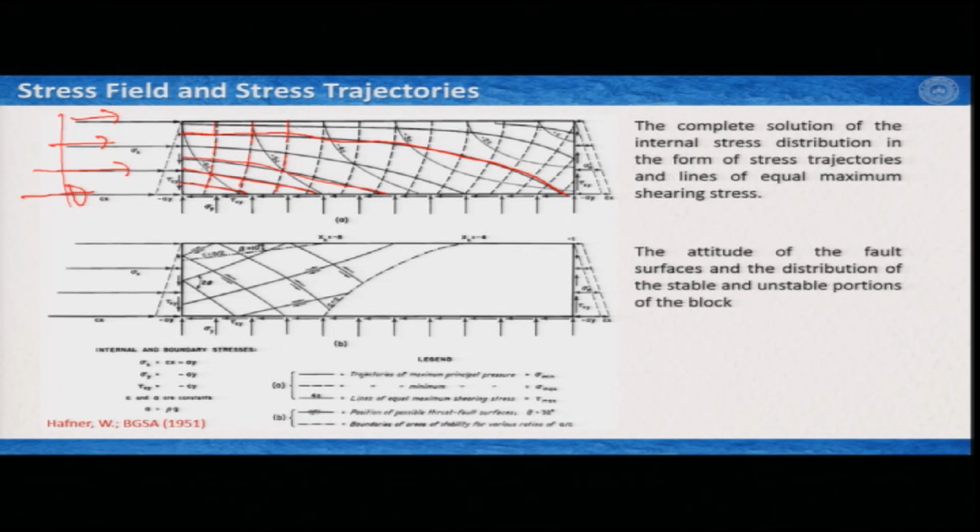At the same time, he has also plotted the shear stresses which are like this, and based on this shear stress and these two maximum and minimum principal stresses, it is possible to resolve also what would be the potential failure planes, or where you can generate faults in this theoretical model. So, this is one of the very classic diagrams that Hafner gave, and people still do follow his model to calculate the stress trajectories in different scales.